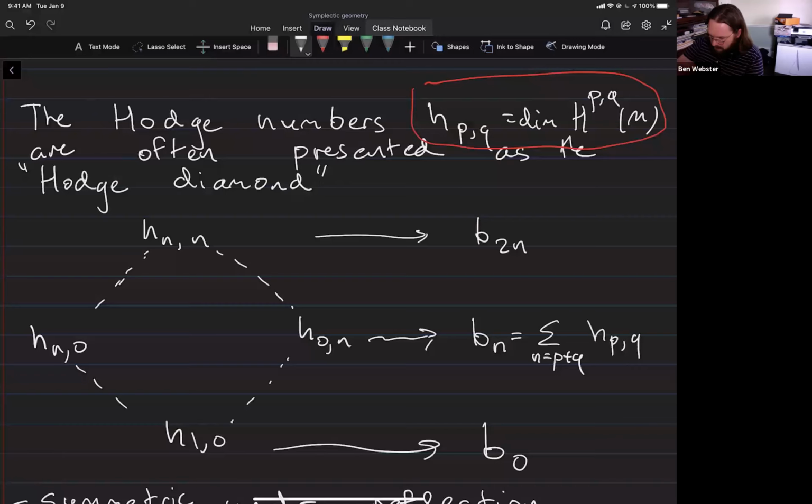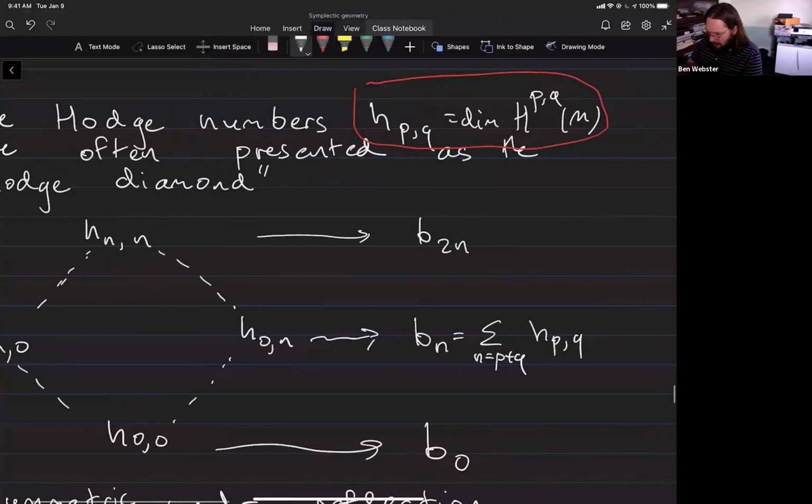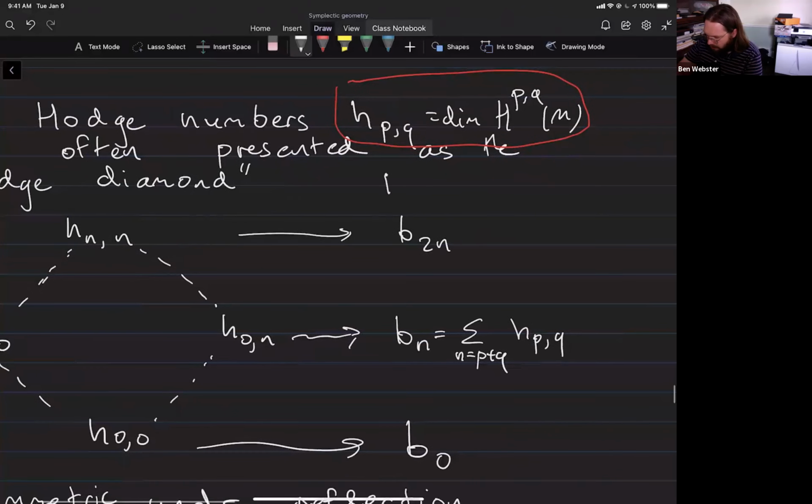So, whoops, I shouldn't write a 1 there, I should write 0. H^(0,0), and then going up through H^(n,0), H^(0,n), H^(n,n). And what you get here are the Betti numbers, just summing across rows. So the top Betti number is H^(n,n), the bottom Betti number is H^(0,0), and if you have one in the middle, it's a big sum of these.